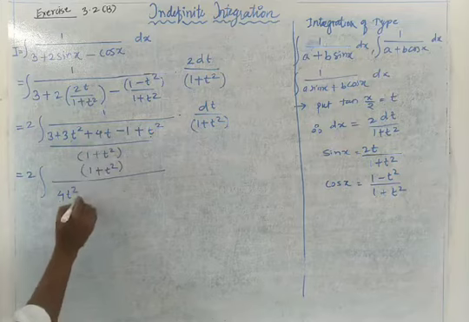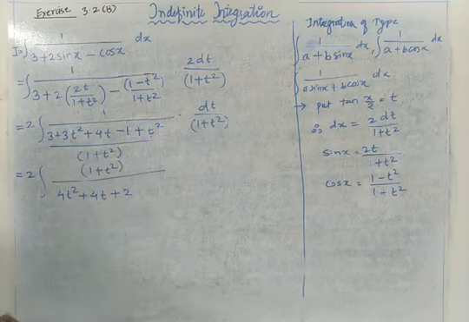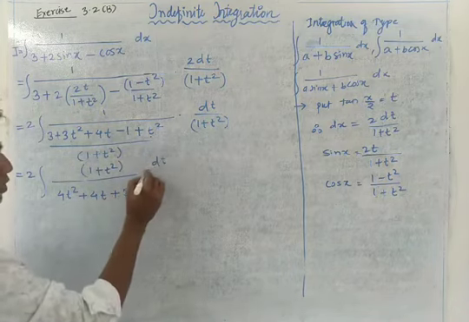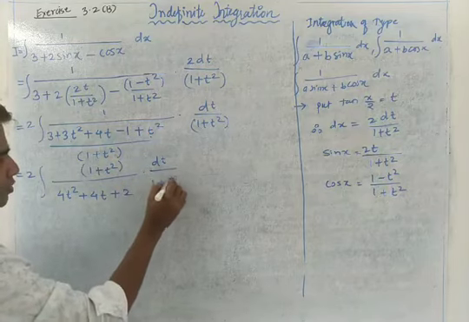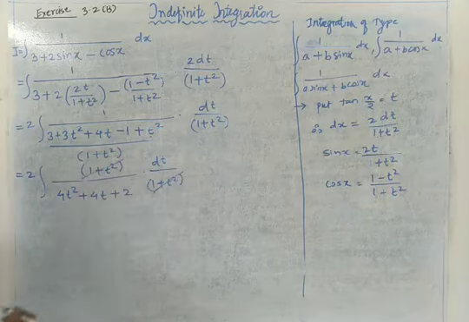Only a single t term is there, plus 4t, and plus 3 minus 1 plus 2. Okay, into dt upon 1 plus t square. And if we check, this bracket and this bracket are common brackets, so they easily cancel from numerator and denominator.